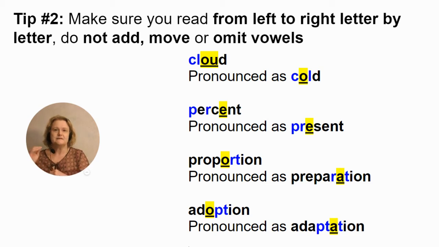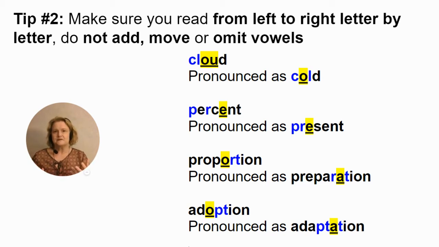Another one is percent. Cent has the stress, and there is an E between P and R. And I've heard this guessed to be present, where PR are together and the stress is on the wrong syllable. A word like proportion, there's no A like normally, situation, education.